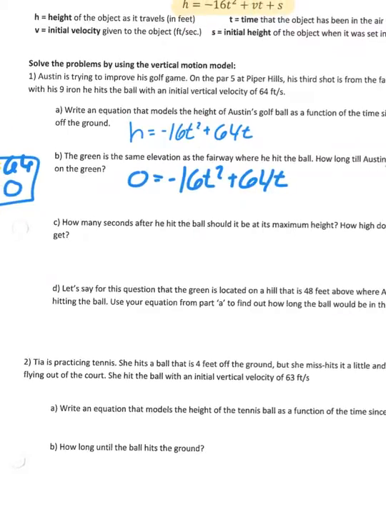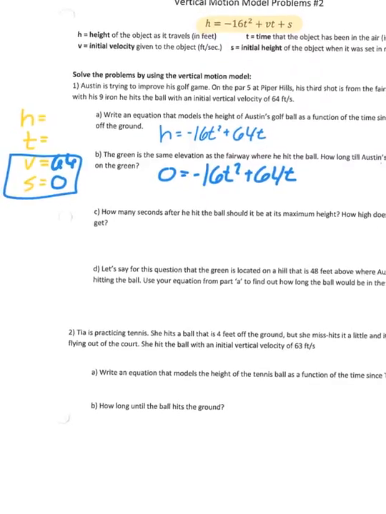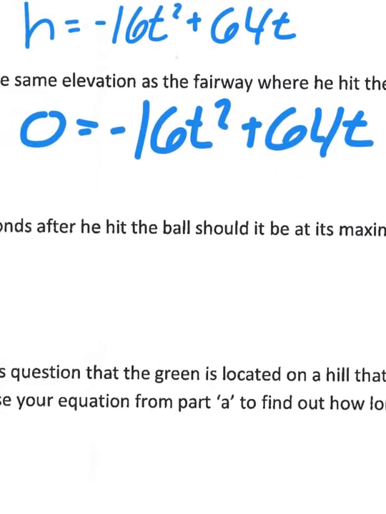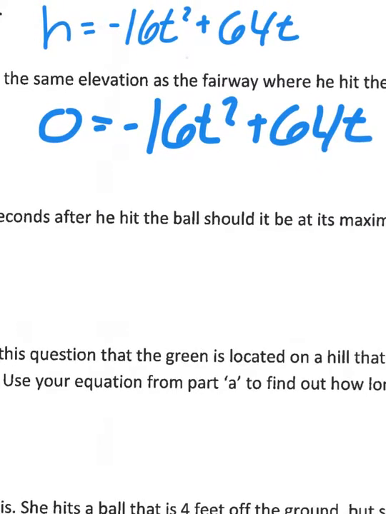And now we can do some things to solve like we've done in class with problems like this. It's set equal to 0, so that means I can start doing some factoring. As I look at negative 16t squared and 64t, I can take out a t for sure. Also, I think I can divide both of those by 16. You can pick some number, but try to pick the biggest one always.